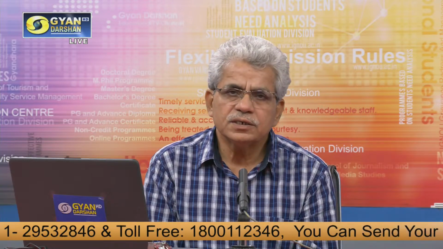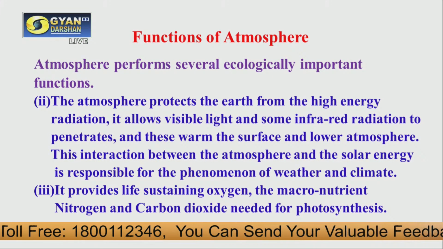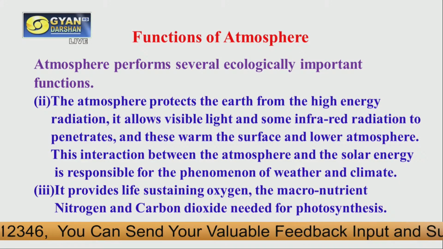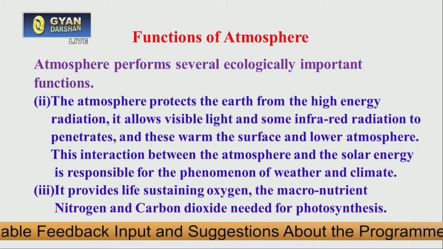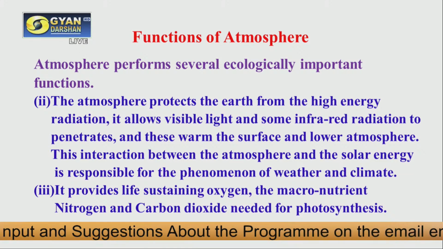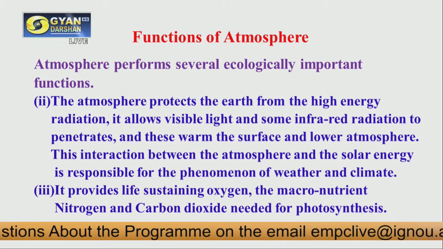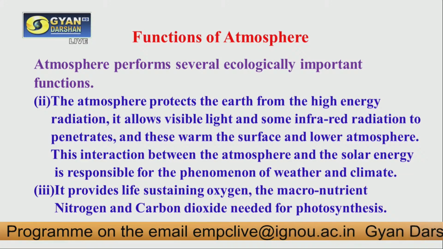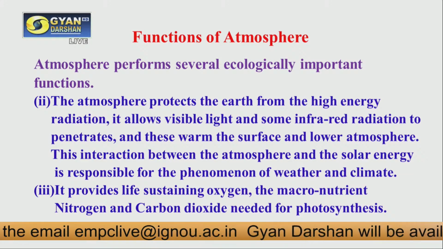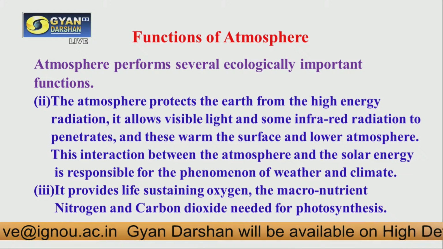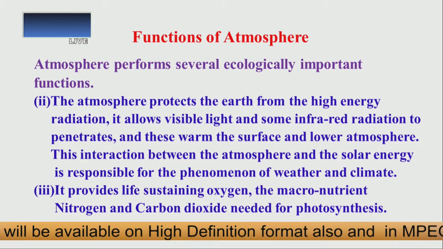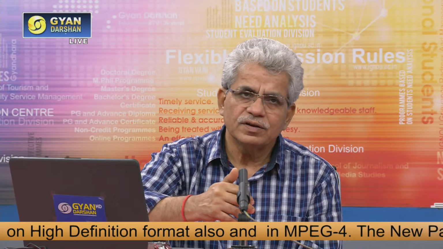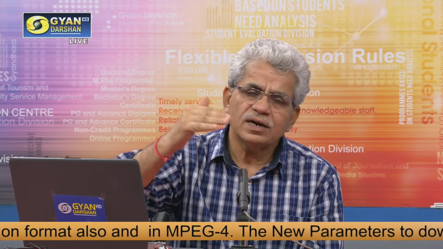The atmosphere performs several ecologically important functions also. This atmosphere protects Earth from high energy radiations. It allows visible light and some infrared radiation to penetrate, and these warm the surface and lower atmosphere. What is the function? That it is allowing the visible light and the infrared radiation, whereas stopping the ultraviolet radiations and other harmful radiations.